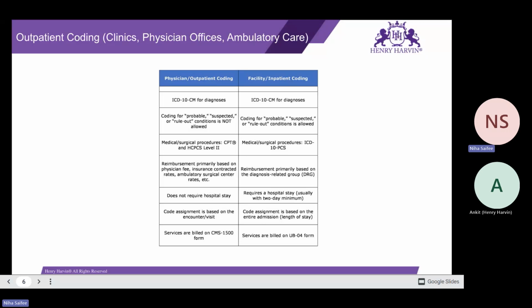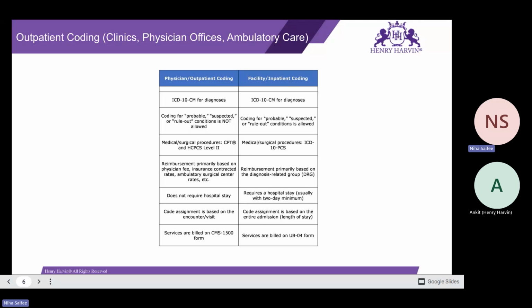Until the diagnosis is reached, I can select the symptoms as the codes. In outpatient, you have CPT and HCPCS level. In inpatient, you have the ICD-10 PCS.